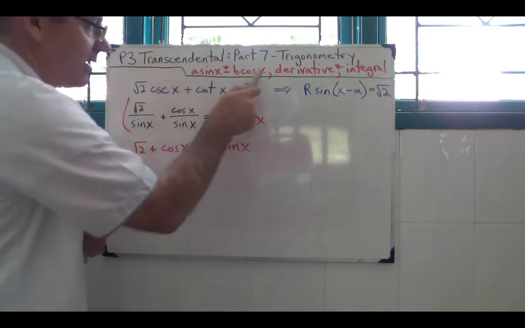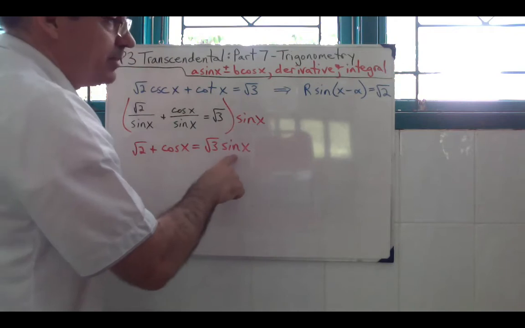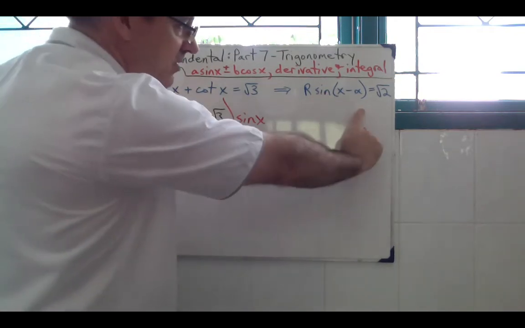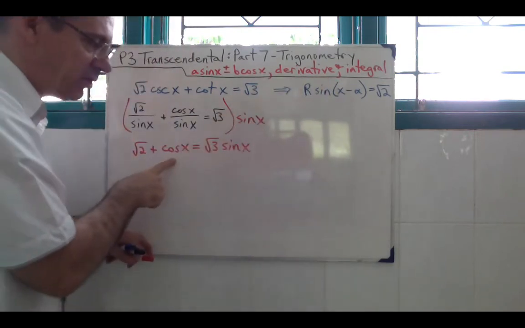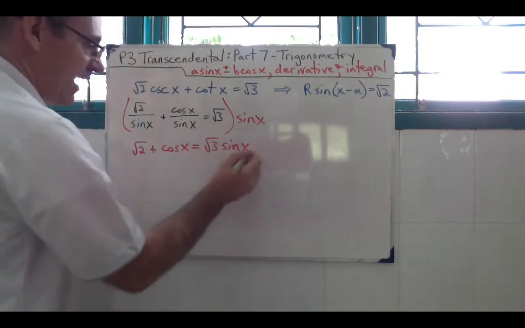Then we want to get it into this form up here. And we want the sine to be in the front because sine is what we get in the condensed form. If it was cosine in the condensed form, then we would want the cosine in the front.